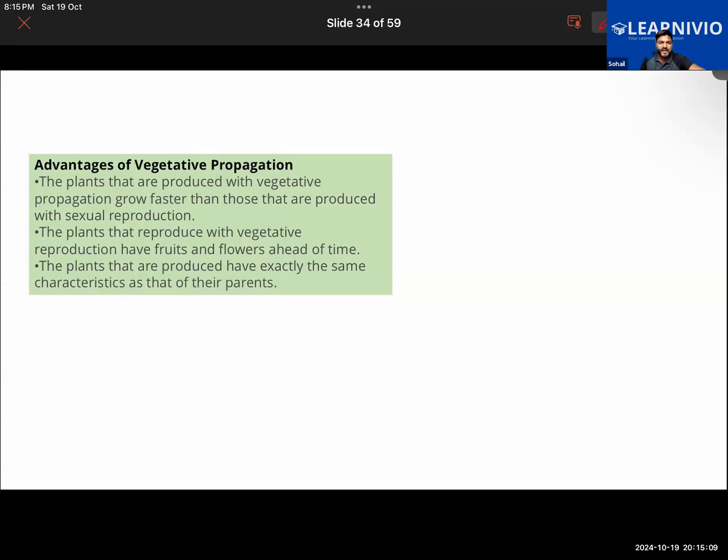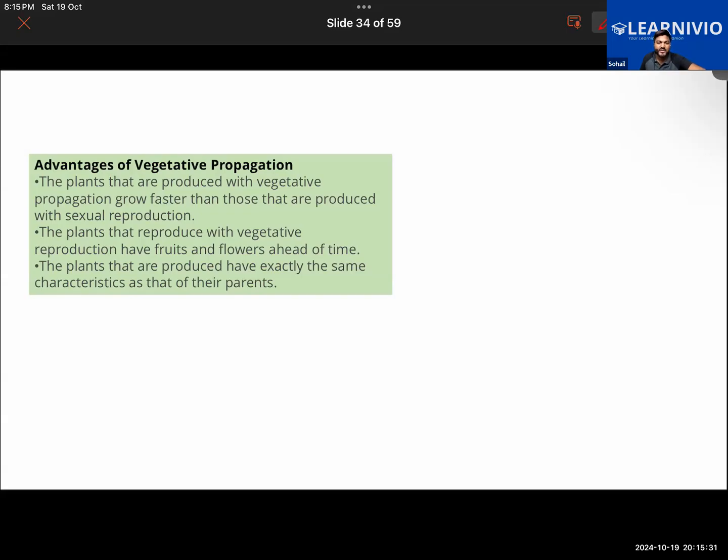Further, the plants grown by the vegetative propagation method will bear fruits and flowers ahead of time. And the plants produced by vegetative propagation methods have the same characteristics as their parent.